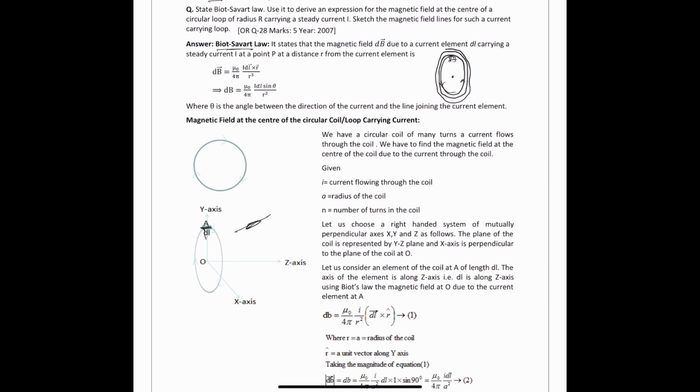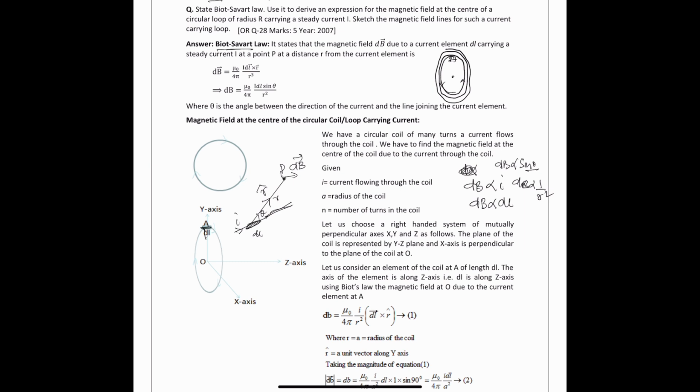So let us understand what the Biot-Savart law is. Suppose this is a current element, dl is the length, and I is the current flowing. If this is any external point, say P, and this angle is theta, how much magnetic field dB will be produced here because of this current element dl? dB is proportional to the current I, dB is proportional to the current element length dl, dB is proportional to the sine of the angle between the current element and the direction of this external point, the r vector, so sine theta, and dB is inversely proportional to the square of the distance r.